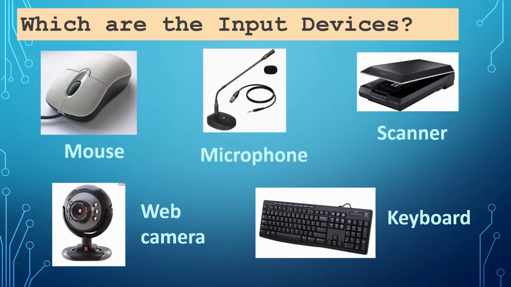First one is mouse, second microphone, third scanner, fourth web camera and last is keyboard. These all are the input devices. Through these devices, we can communicate to the computer. These all parts are used to give the instructions or data to the computer.